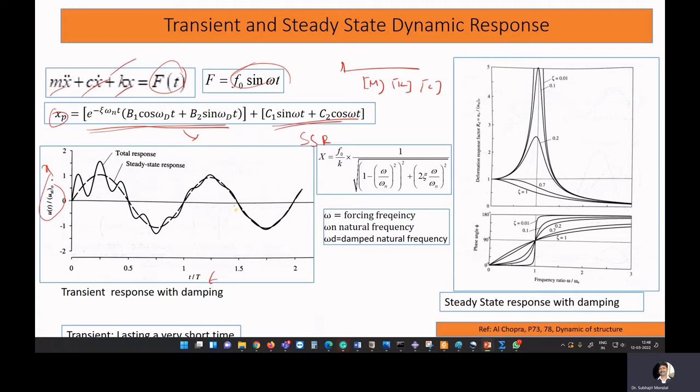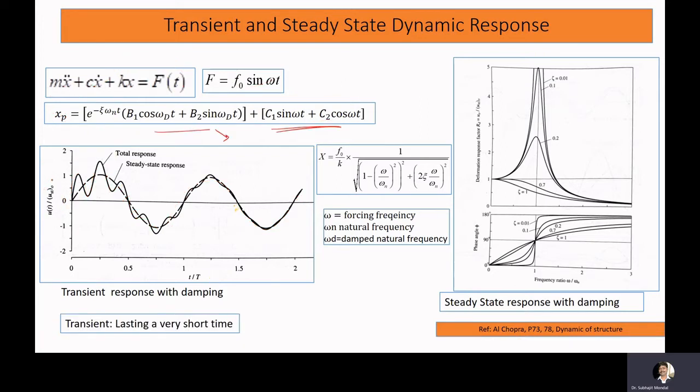you will observe that initially we get a response like this, and then after some time we get a response that is very steady in nature. Steady in the sense that the response is a function of your forcing frequency.